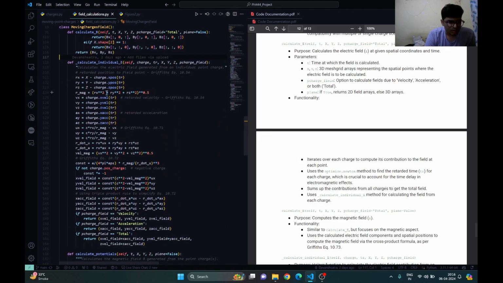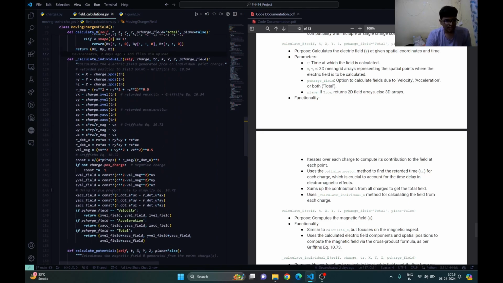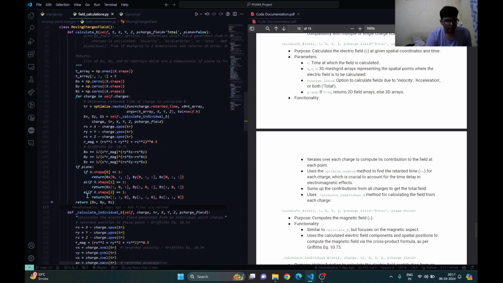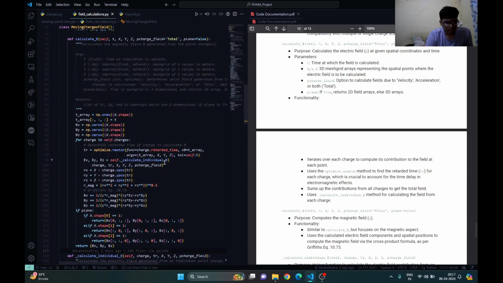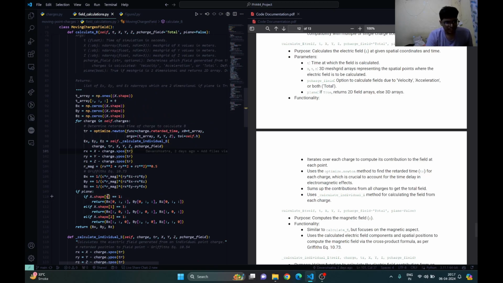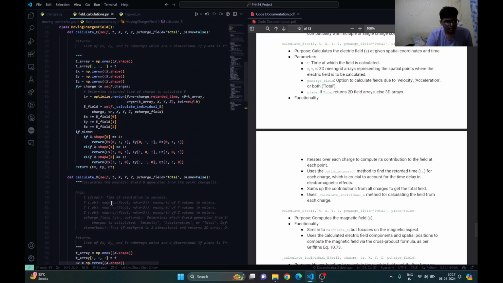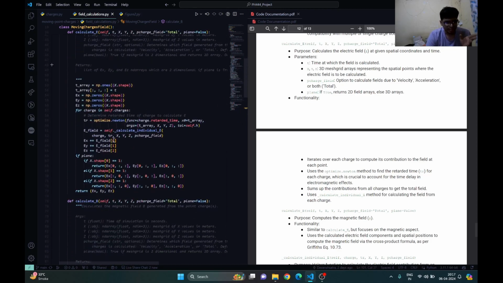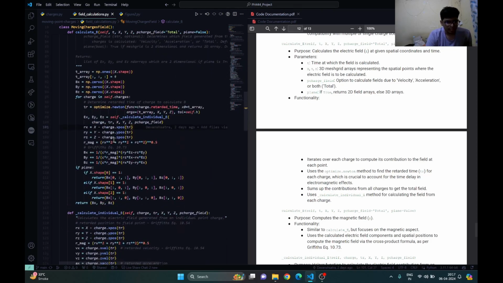It uses the equations from the potential formulation exactly the same as mentioned in Griffiths, and outputs that to this function, which does the convergence through Newton's method, and then outputs the field at each and every point in the xyz plane, which is created by the mesh grid function above.